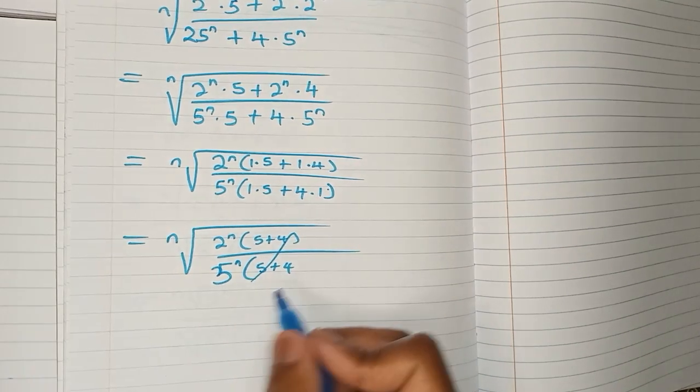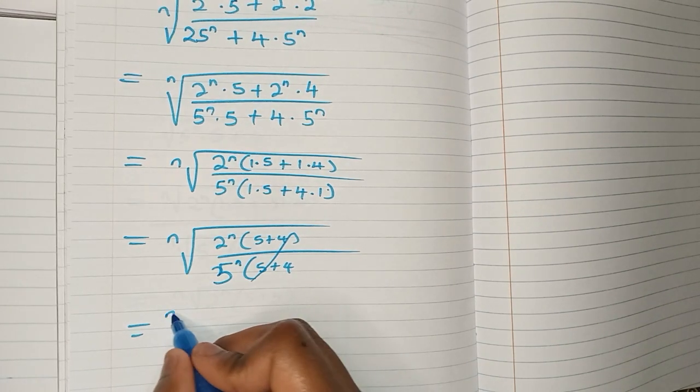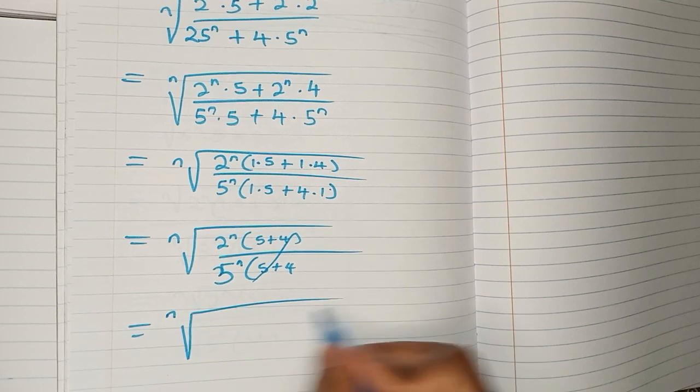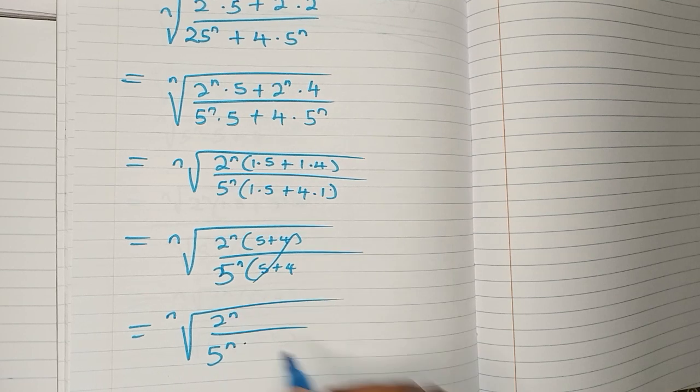It will cancel out, and then you are left with the nth root of 2 to the power n over 5 to the power n.